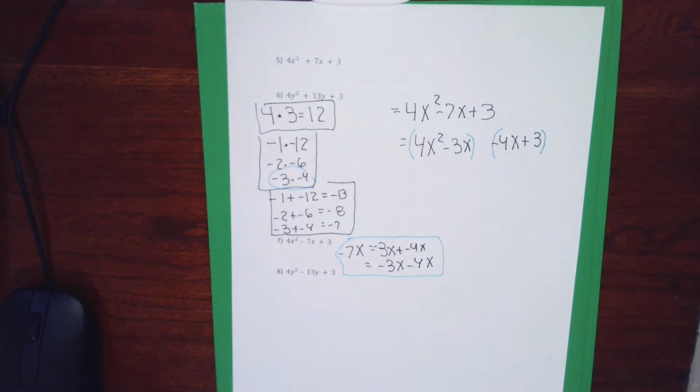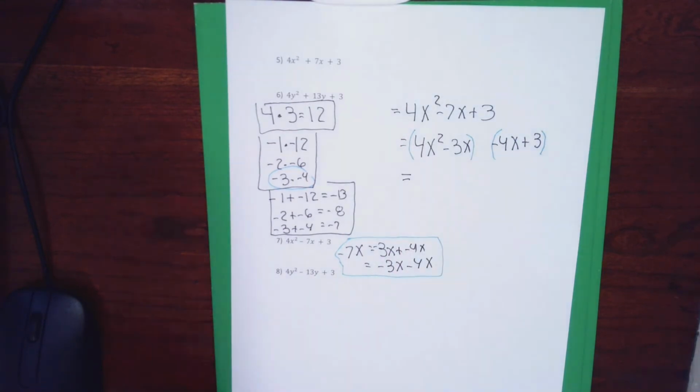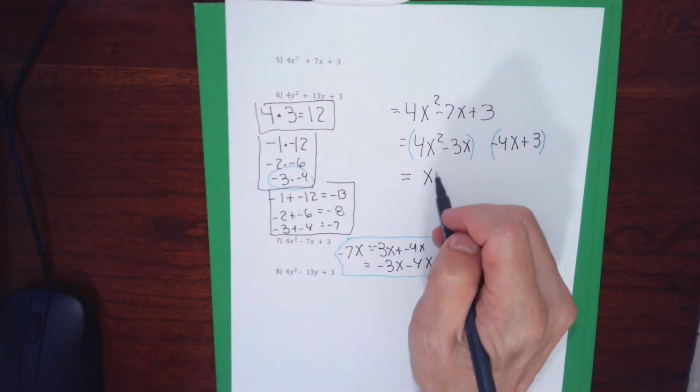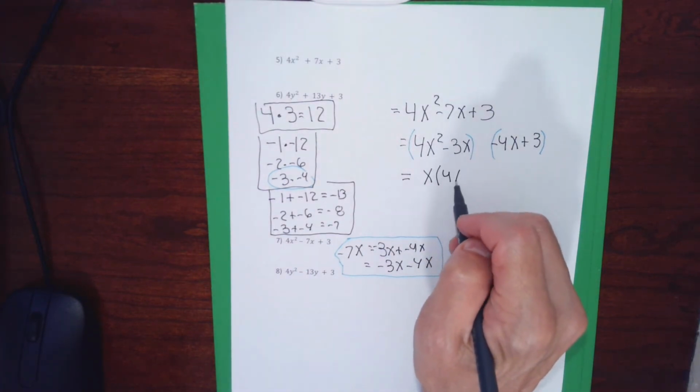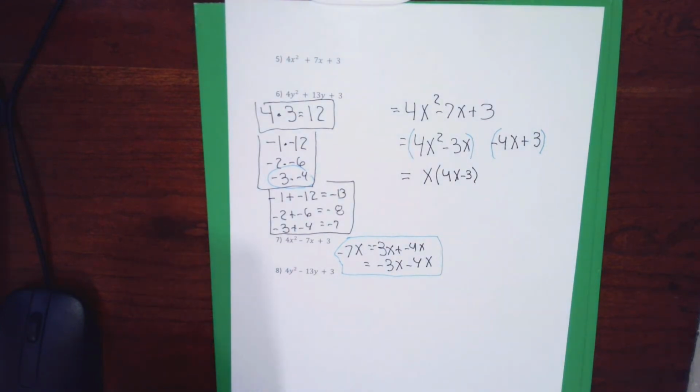Now that I have the problem written with 4 terms, I introduce my parentheses. The negative I stuff in the second parentheses. That's just how we factor when the second sign is negative. For my first pair, I'm going to factor out an x and be left with a 4x minus 3. Second pair doesn't have a common factor.